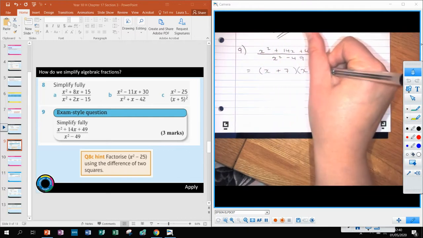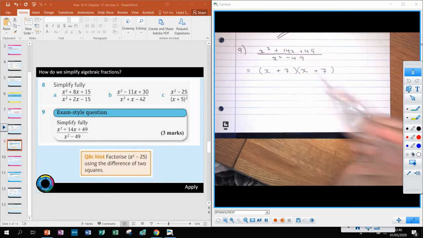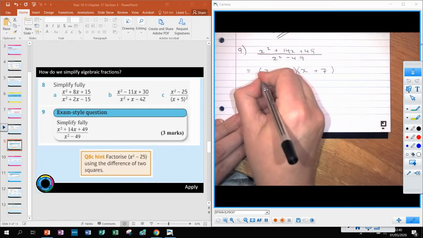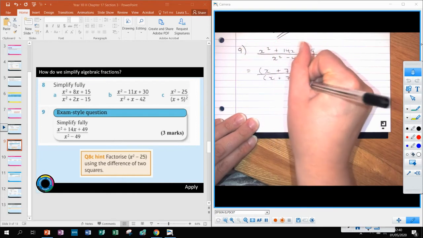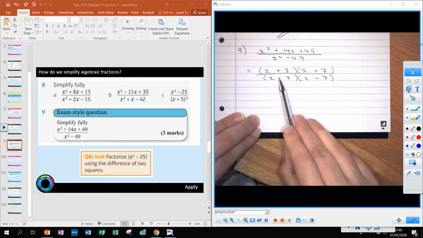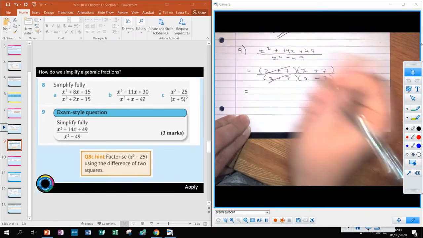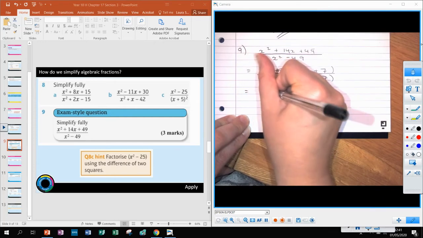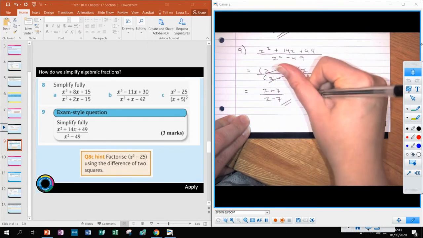So plus 7, 7 times 7 is 49, 7 plus 7 is 14, so I know that that works. And that is all over difference of squares, so x plus 7 and x minus 7, because the square root of 49 is 7, and remember that plus and minus sign. One of those cancels out, and that gives us x plus 7 over x minus 7, final answer.